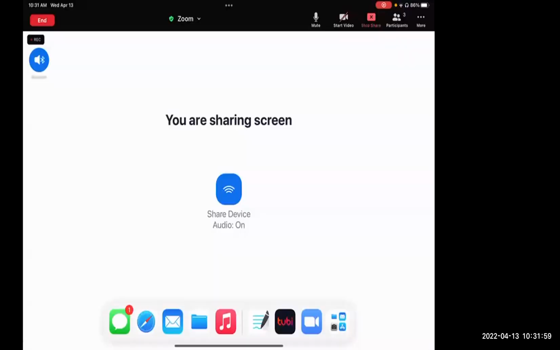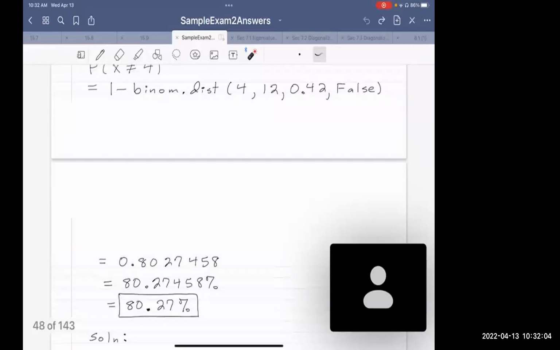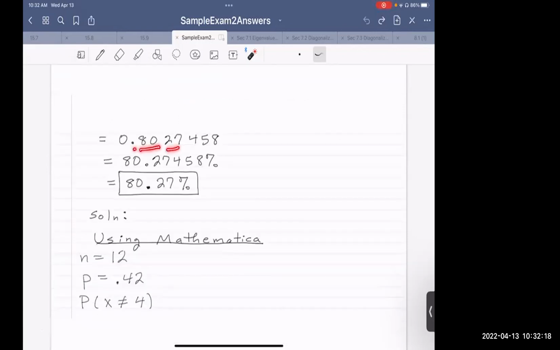And so I have here 1 minus binomial of 0.42 false gives me 0.8027458. Let me move my decimal place 2 places to the right. And so I have 80.27458%. Let's round to the nearest hundredth of a percent. So 80.27%.